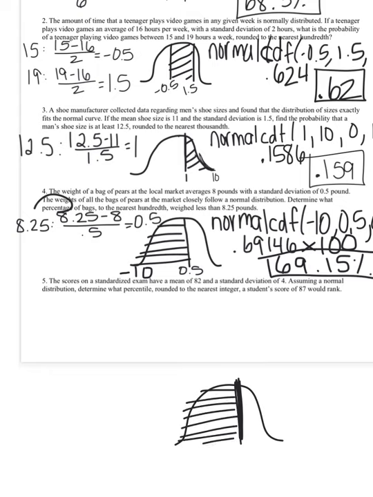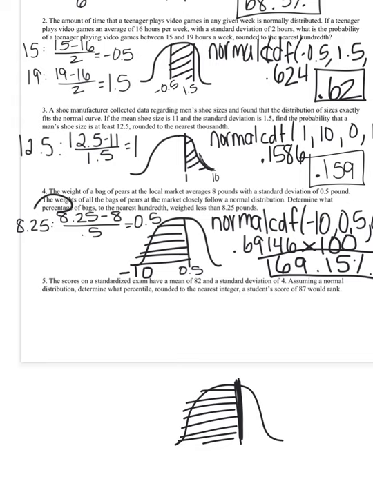So for example, if you have a really high percentile, you're really far over this way. If you have a high percentile, that means that there's a lot of people below you. If you have a low percentile, then there's not a lot of people below you. But it's always where you're at or less than that. So you're always going to shade to the left when it's talking about percentiles.